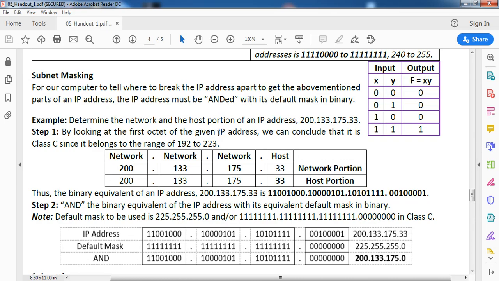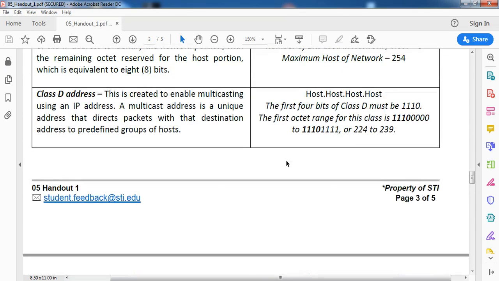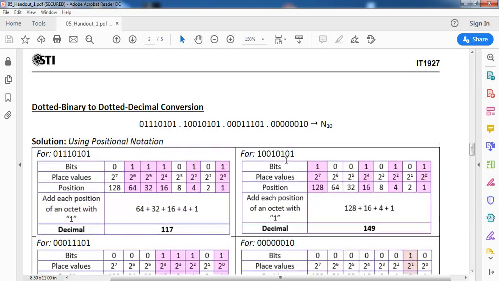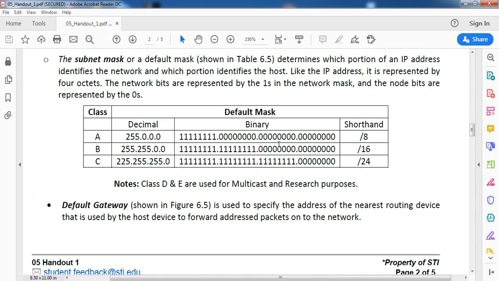With that, we will be needing our subnet mask. Going back to our previous discussion, the default mask for class C is 3 straight octets, or 3 straight groups of 8 ones, and the last octet is all zeros.